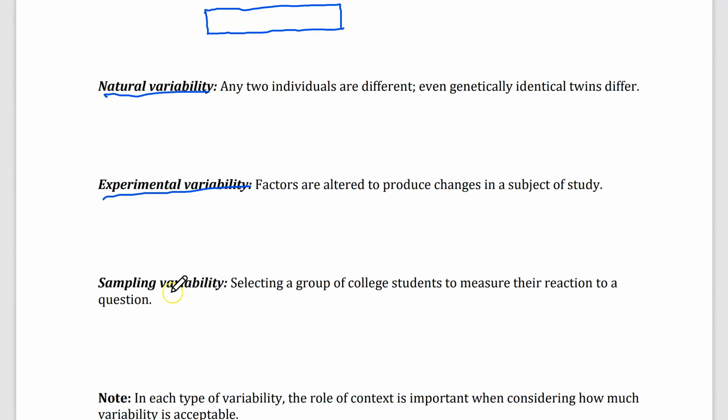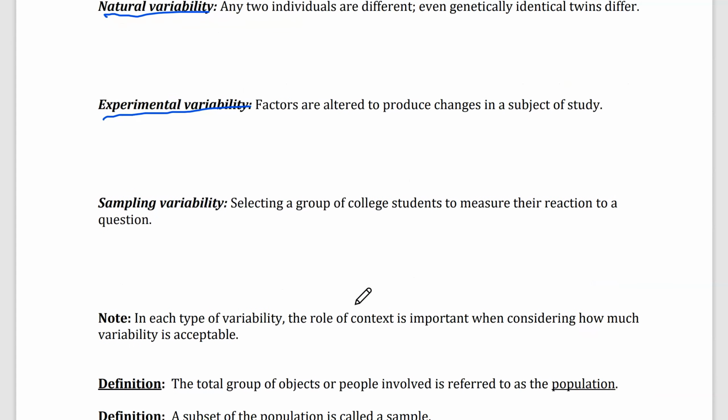The final item that we look at for variability is sampling variability. This is like we're selecting a group of college students and we measure their reaction to a question. Well, their reaction to a question may be totally different if I look at nursing students versus culinary arts students.